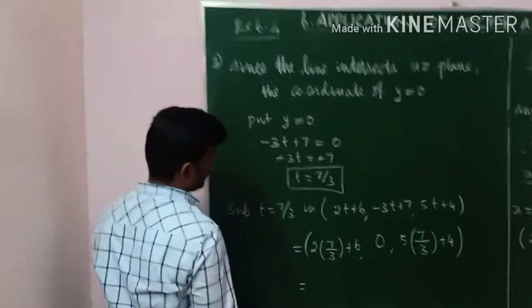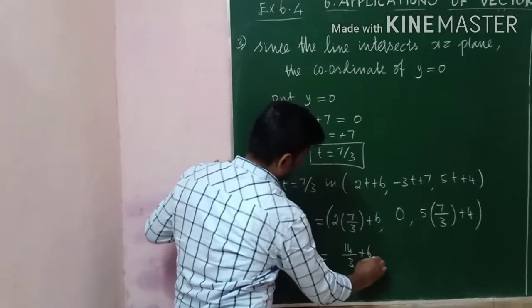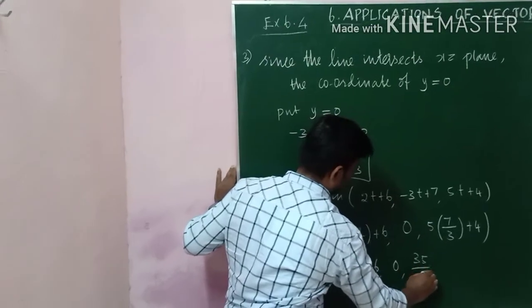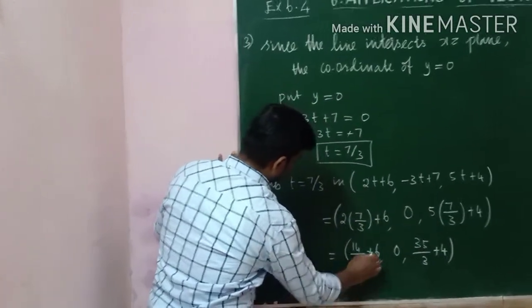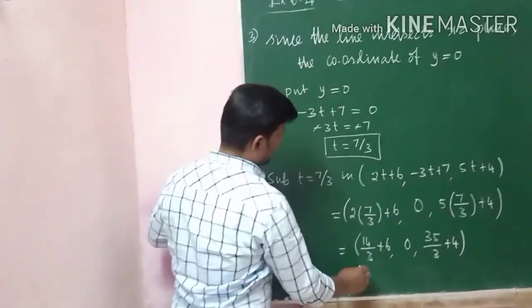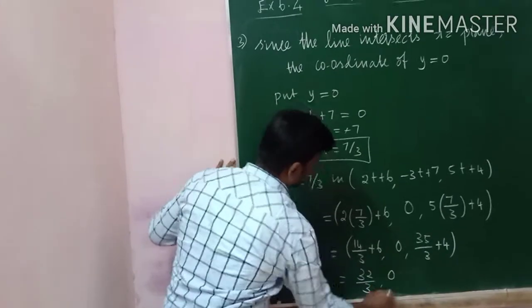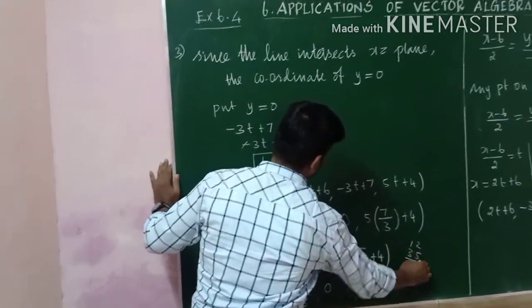So 2 sevens are 14, 14/3 + 6, 0, 5 sevens are 35/3 + 4. So 3 sixes are 18, 18 + 14 is 32/3, 0. 3 fours are 12, 12 + 35 is 47/3.